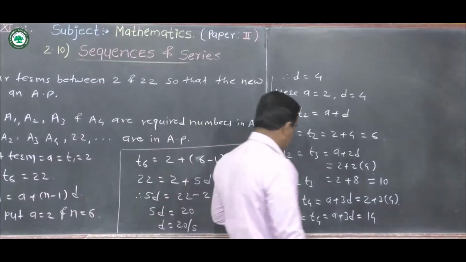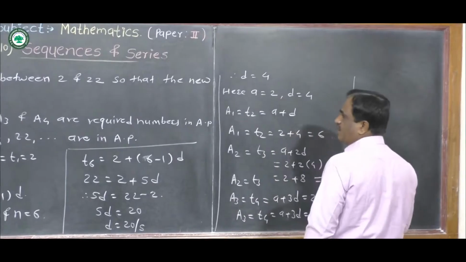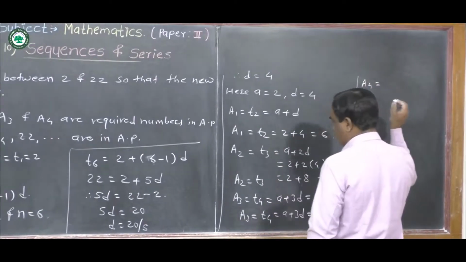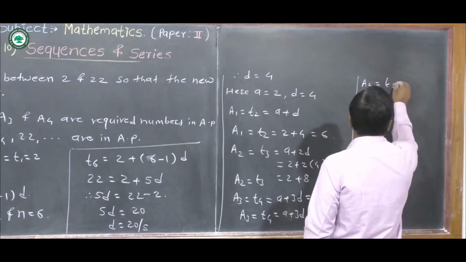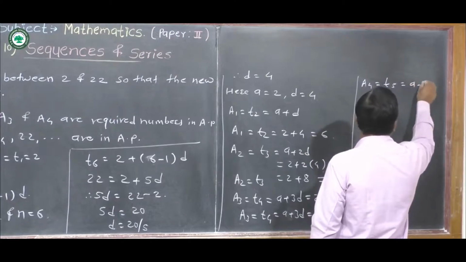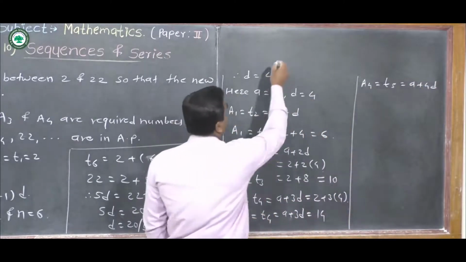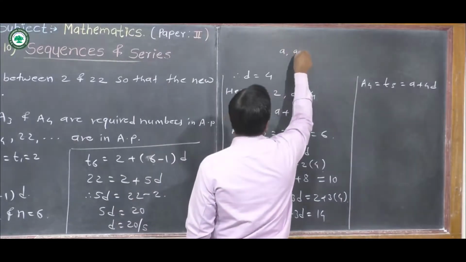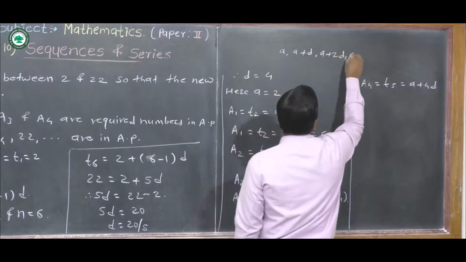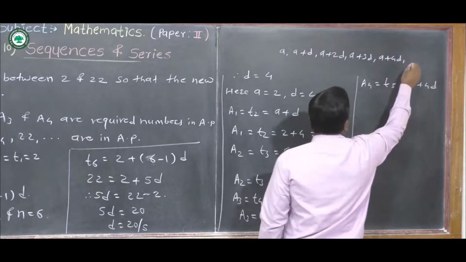This is the value of a3. The next value is a4. a4 is the fifth term, t5, and t5 we can write as a plus 4d. These are the terms of the AP: first term a, second term a plus d, then a plus 2d, a plus 3d, a plus 4d, a plus 5d.